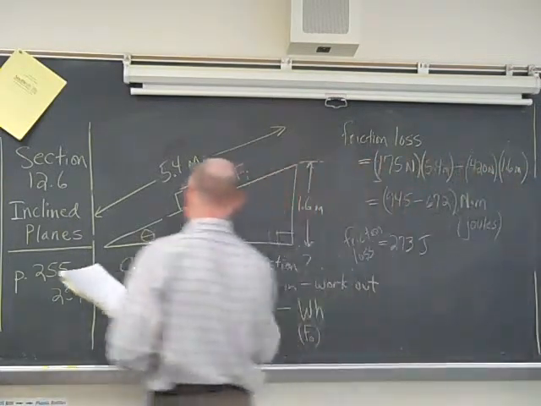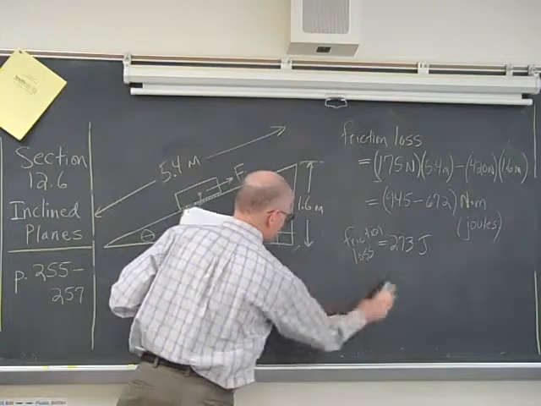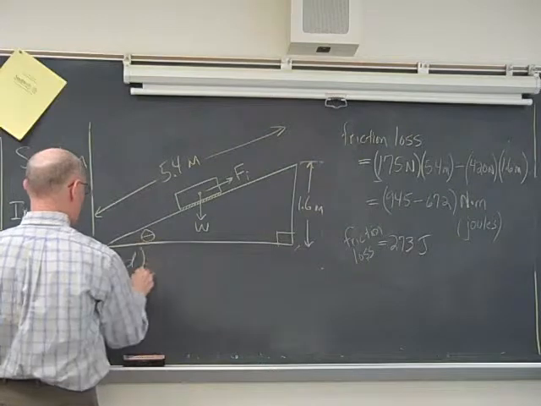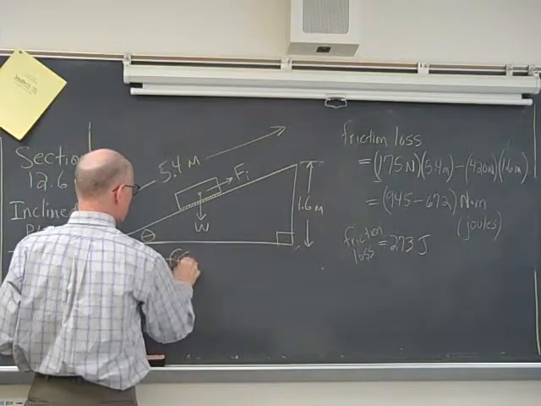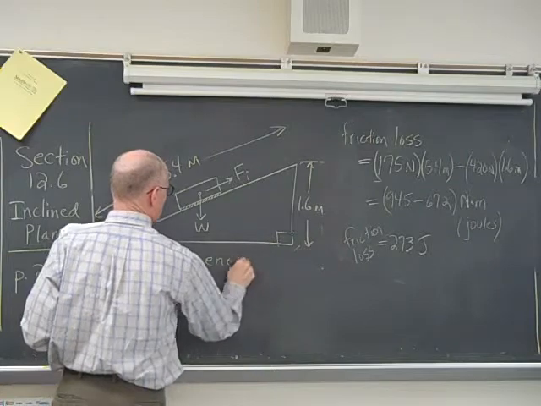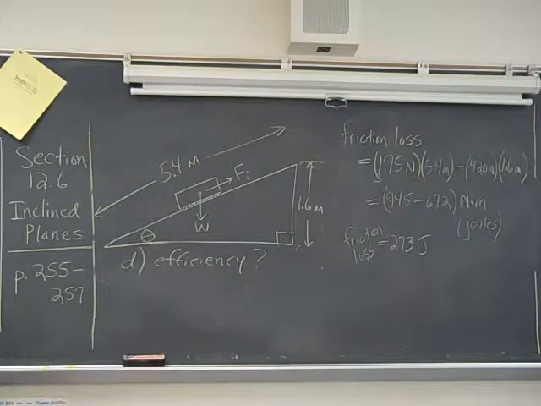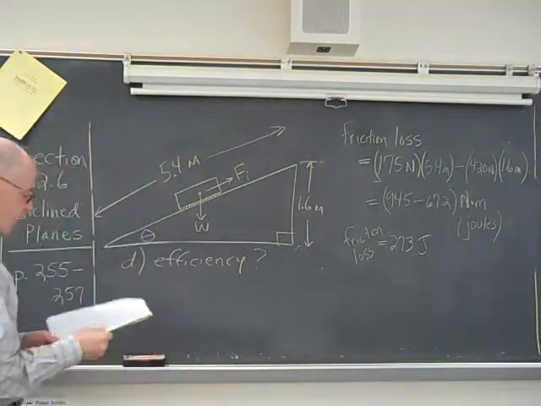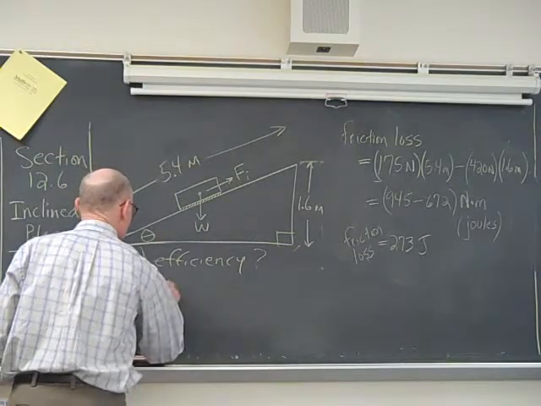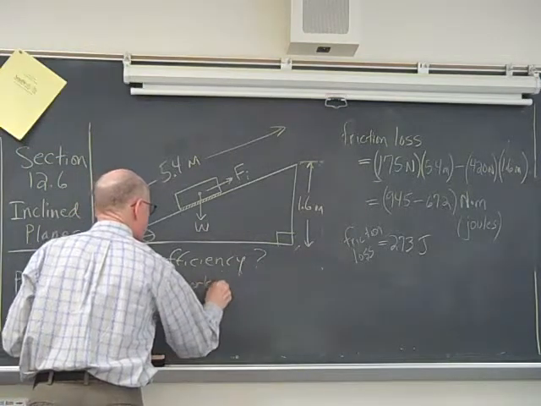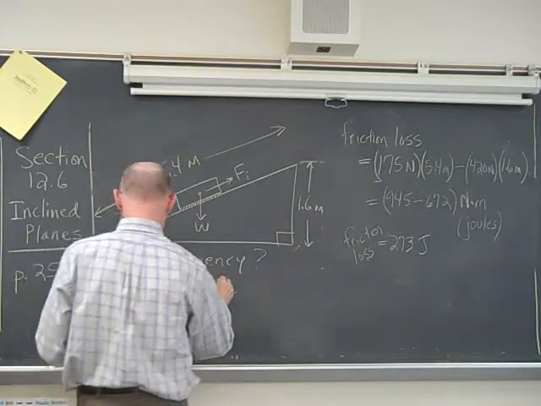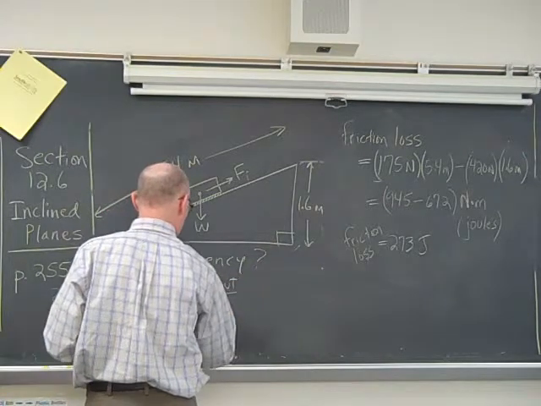And one last question, that was part C. Here's part D, what is the efficiency of this inclined plane? Now you remember that we had three different equations that we could use for efficiency. One was work out over work in.